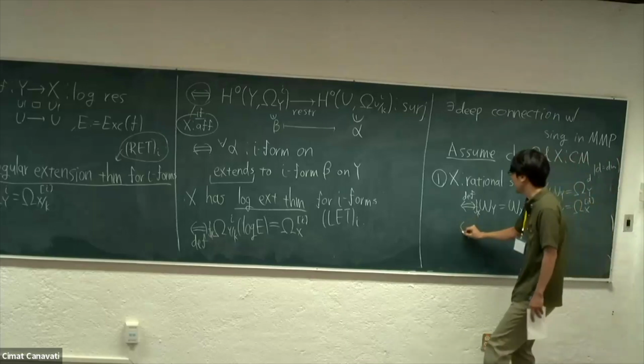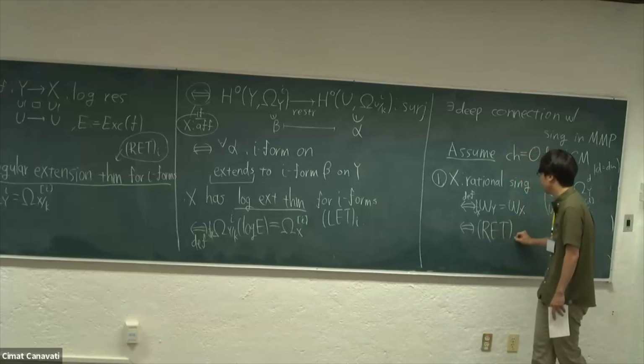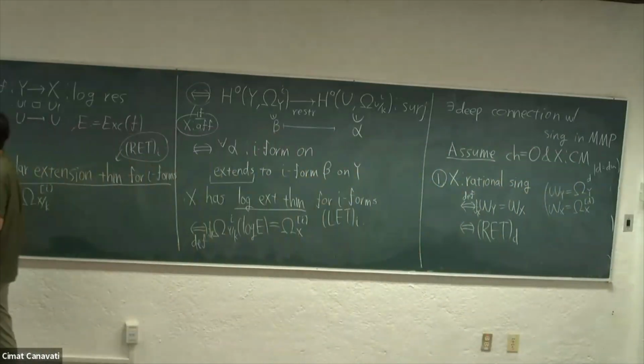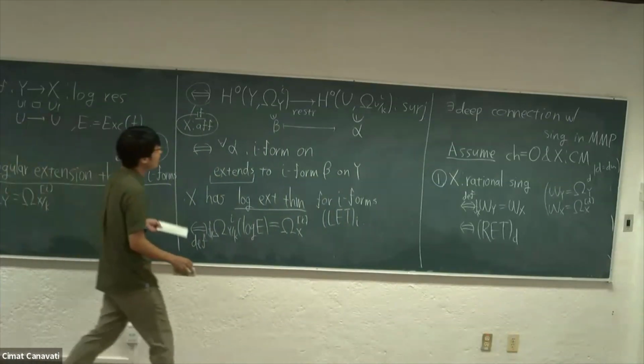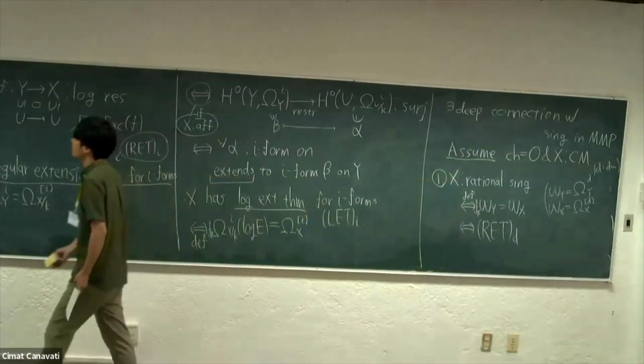So this is by definition equivalent to the regular extension theorem for d-forms. So the regular extension theorem is something like a generalization of rational singularity.